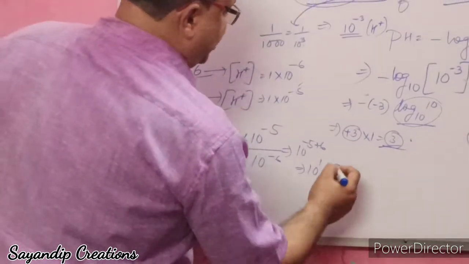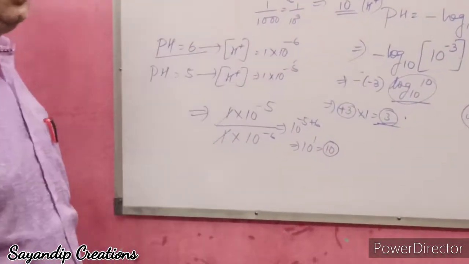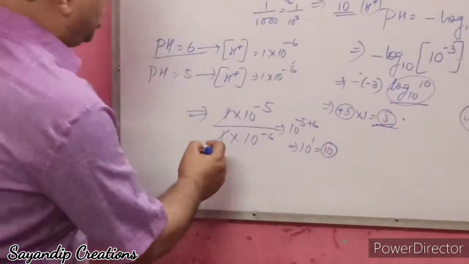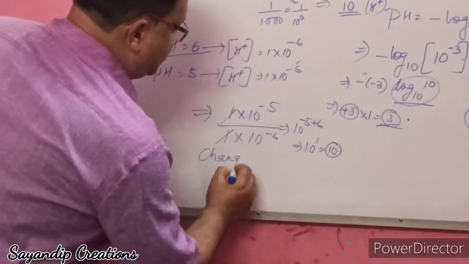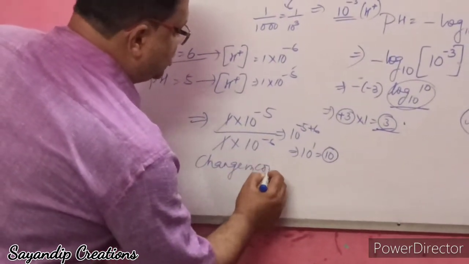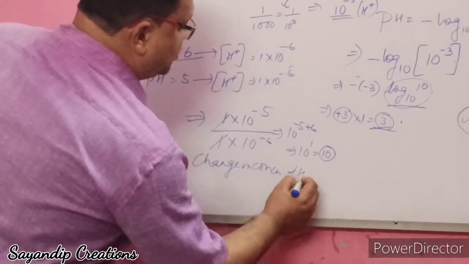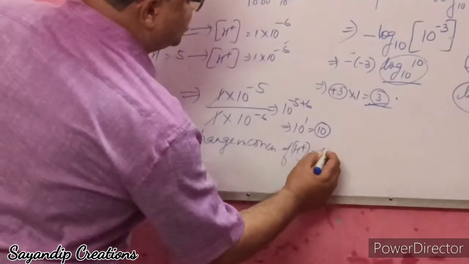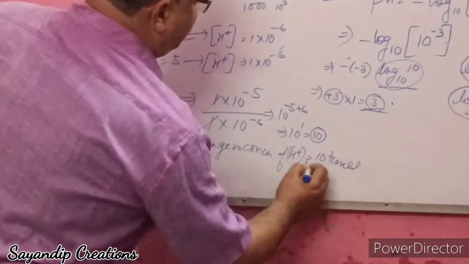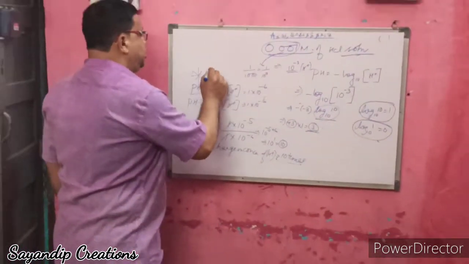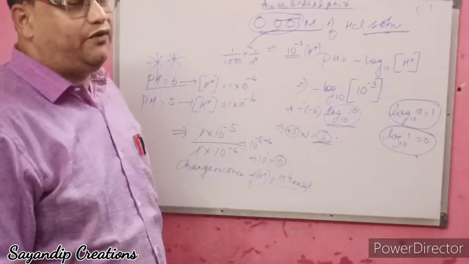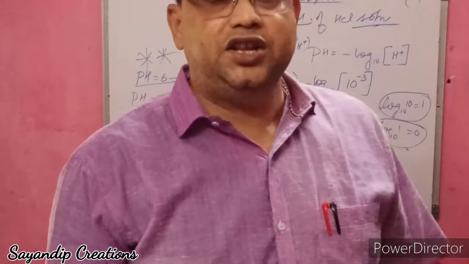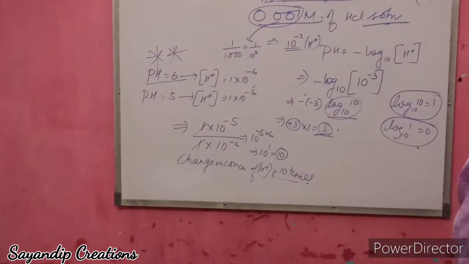So the change in concentration of hydrogen ion is 10 times. This is a very, very important question. So if the pH of a solution changes from 5 to 6, what will be the change in the concentration of hydrogen ion?